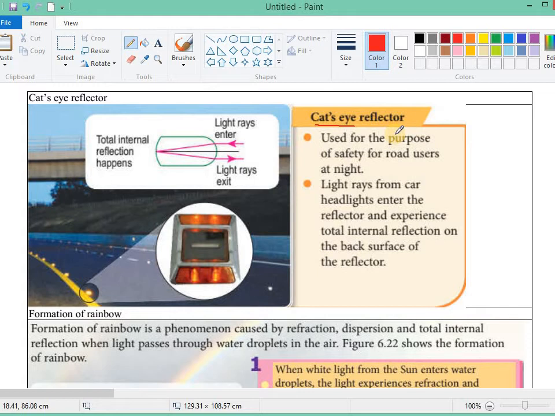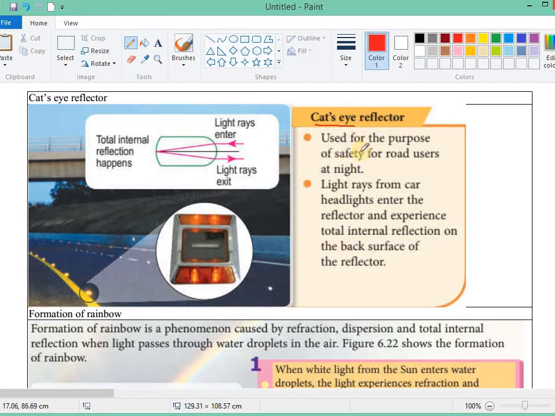The reason is that the same thing happens, because the light from your torchlight will undergo total internal reflection inside the eye of the cat and come back out. So you can see that the eye of the cat is very bright, like there is light coming out. Okay, so that's why this is called a cat's eye reflector.